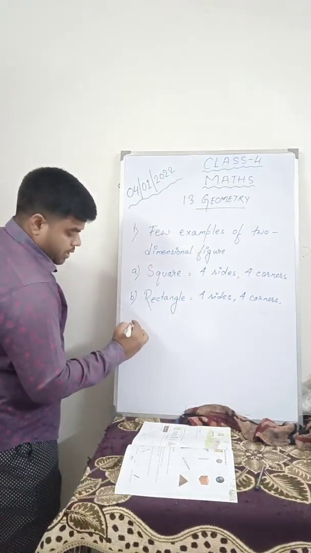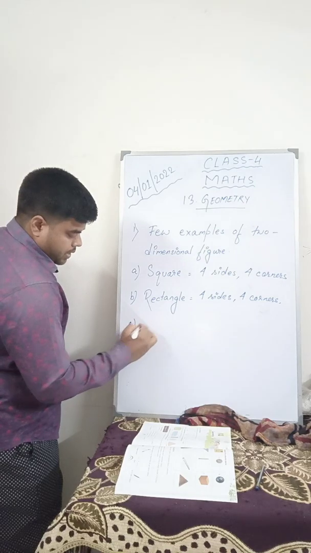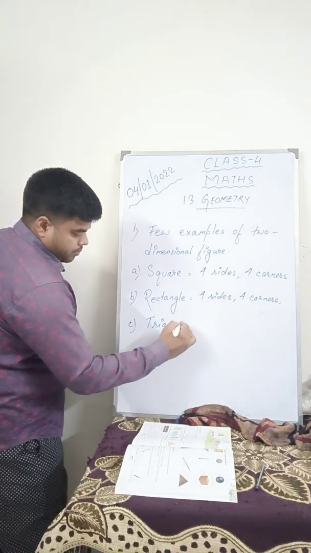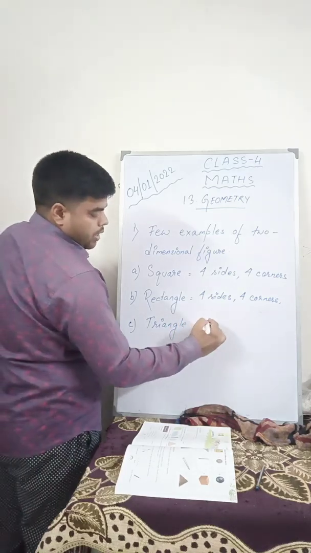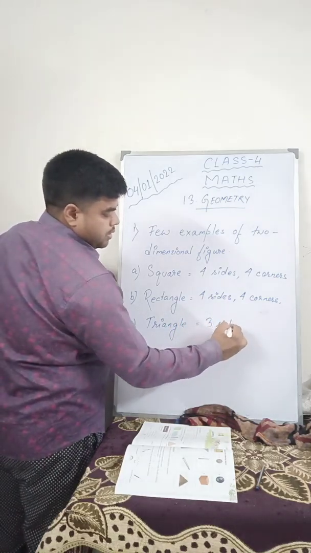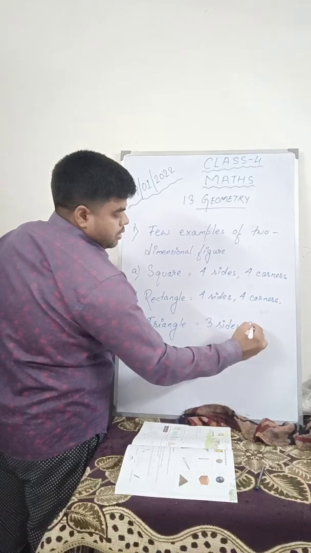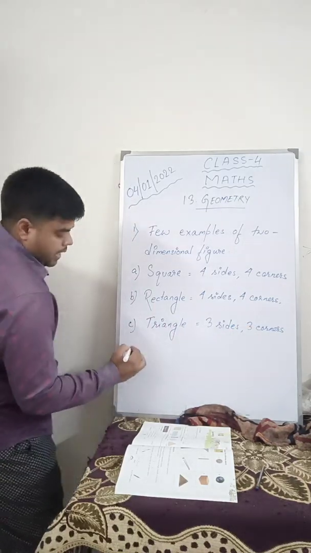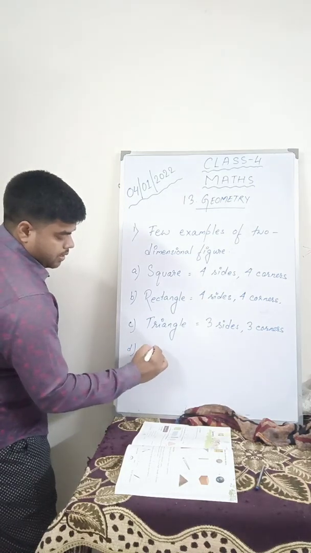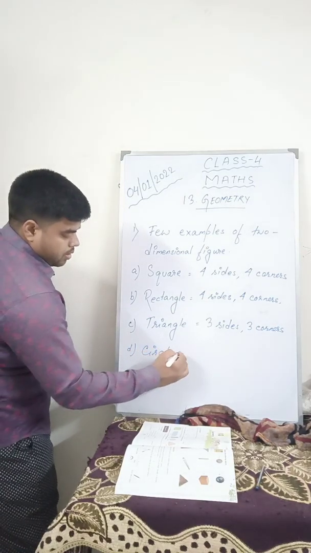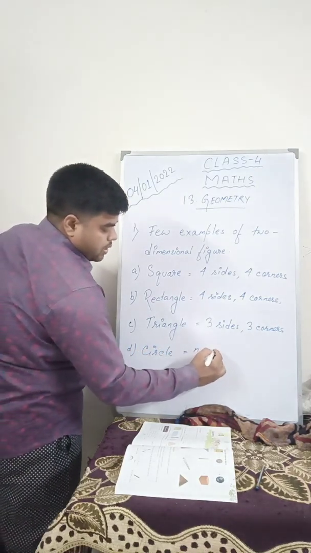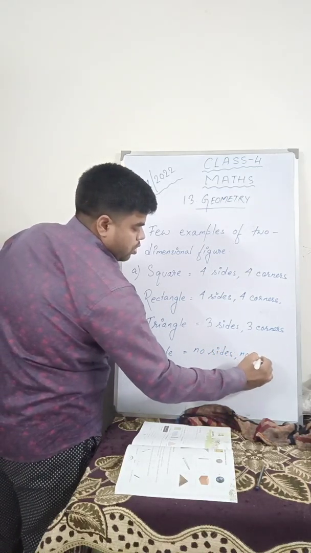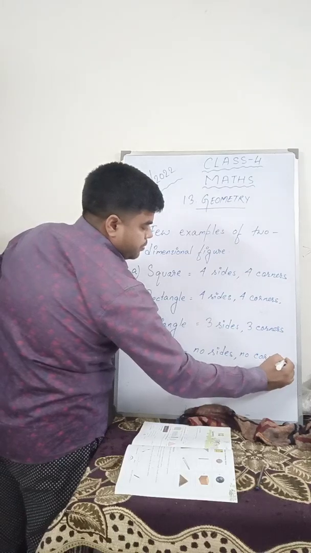Then you have number C, triangle, where you have three sides, three corners. And number 4, that is circle, no sides, no corners.